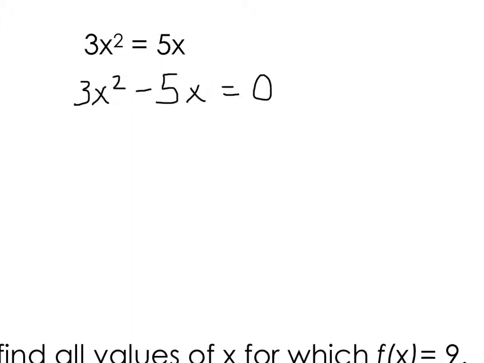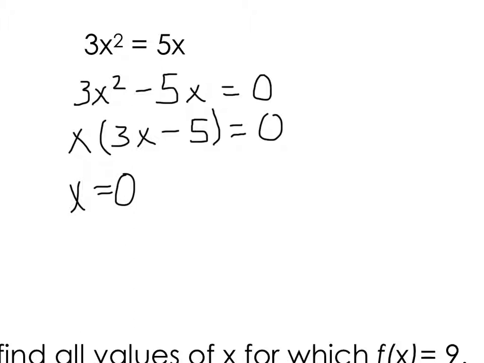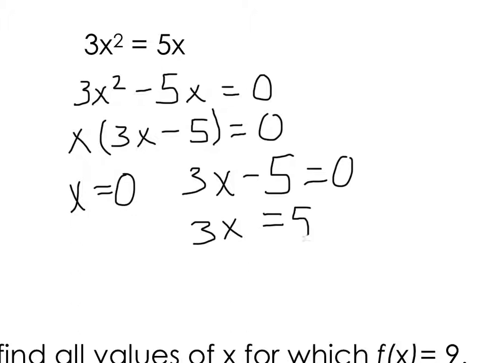Greatest common factor is? So we have the product of two numbers equal to 0, so either the first is 0 or the second is 0, which means x is 0, or let's add 5 to both sides and divide by 3.